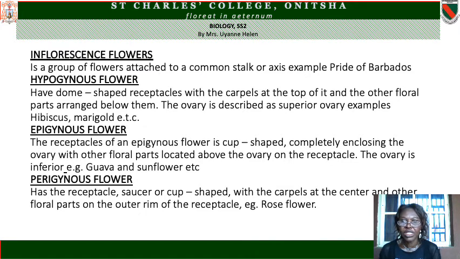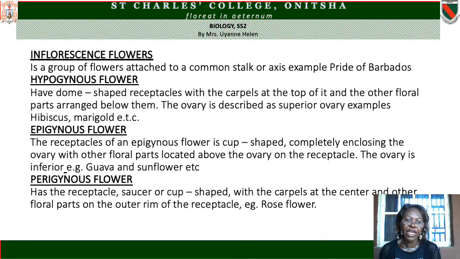So the ovary is said to be inferior because it is covered by the cup-shaped receptacle. But you can see that in the hypogynous flower, the ovary is exposed, seated above. But in the epigynous, the ovary is hidden within that cup-shaped receptacle. We have examples of the epigynous flower as guava and the sunflower. And the ovary is said to be an inferior ovary.